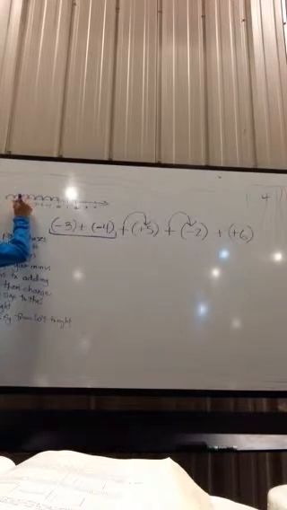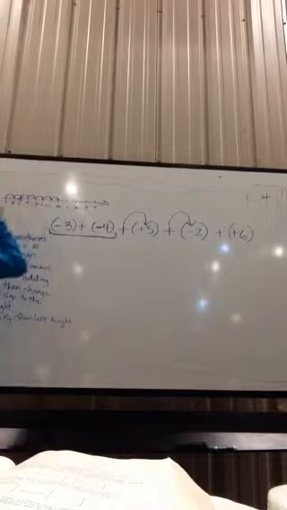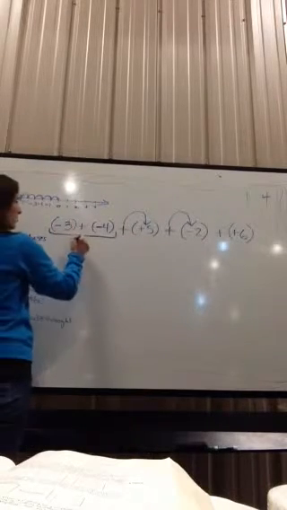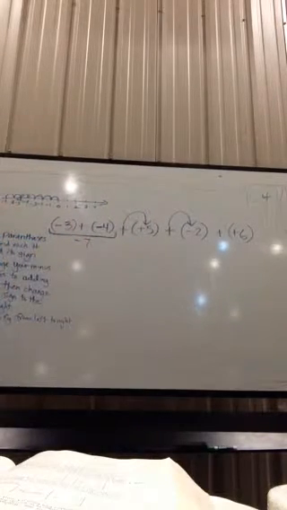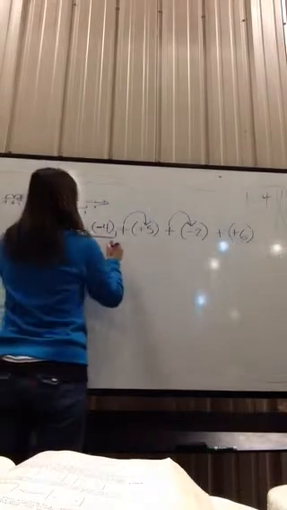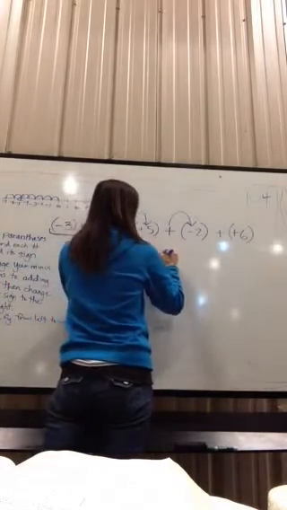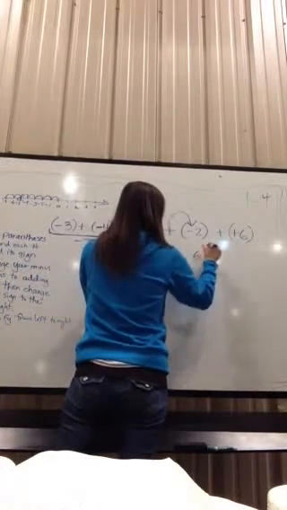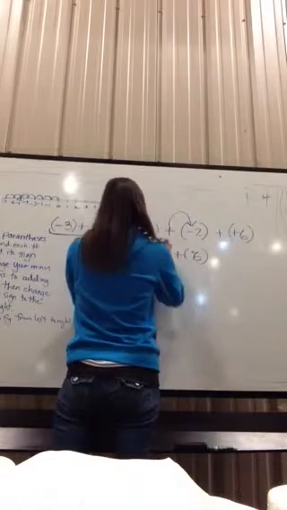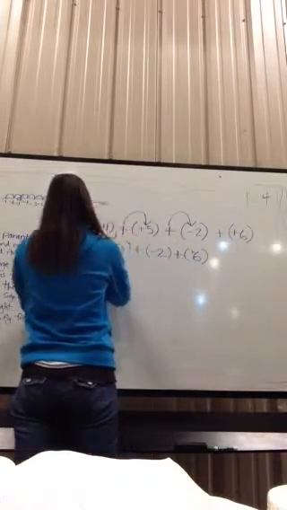Negative 7. So the answer to this one is negative 7. Are we done? No. I'm going to bring everything else down: plus 5 plus negative 2 plus positive 6. And if it helps you to keep them grouped together, that's completely fine.